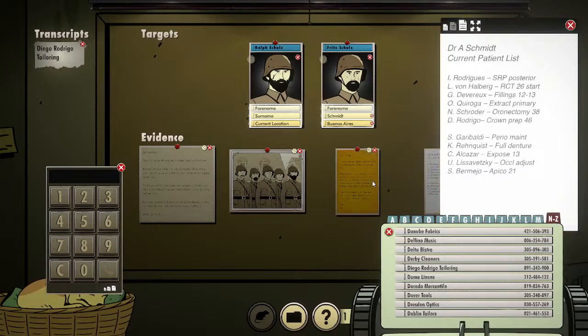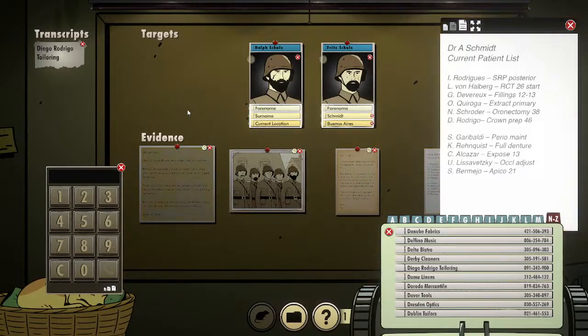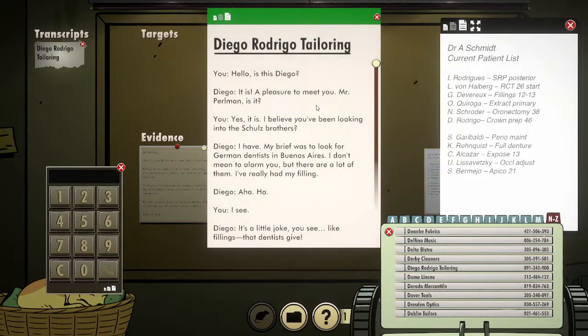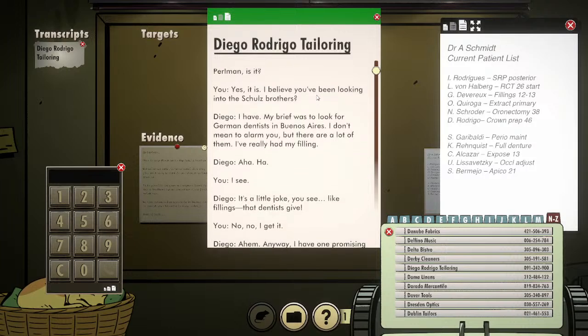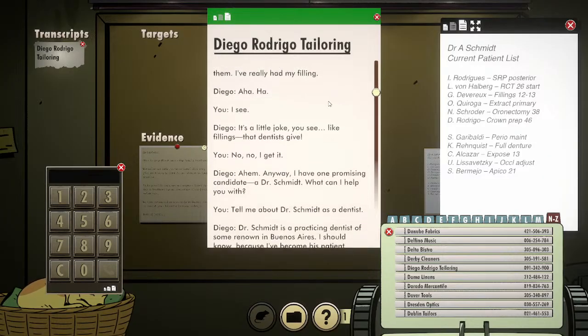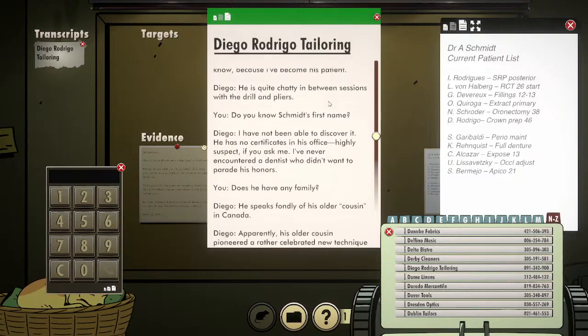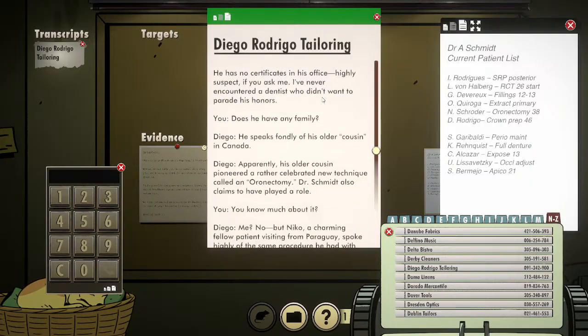So what's that other lead we've got? We've got a lead from, if I look at the transcript of the Rodrigo. Oh, here we go. Dr. Schmidt is quite chatty.